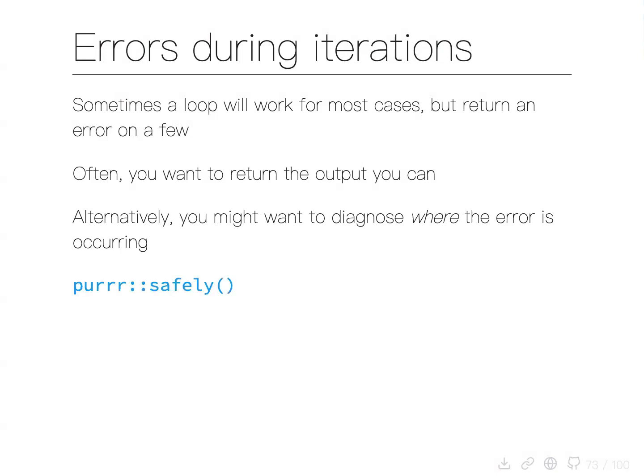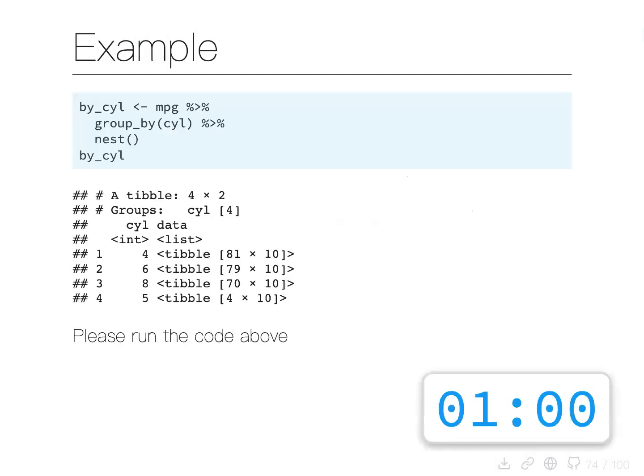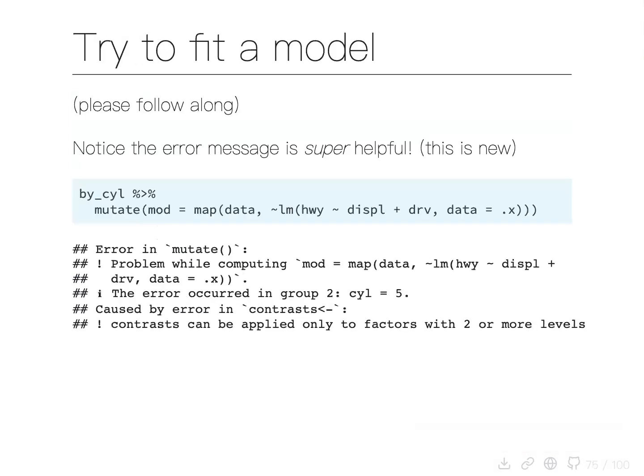So purrr's safely is what we're going to use for this. Please run this code to start. Now we're going to try to fit a model to each of these.